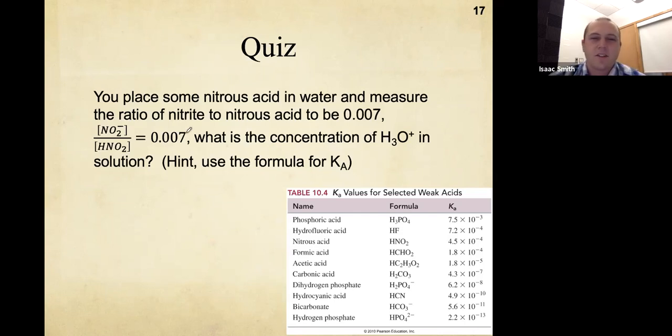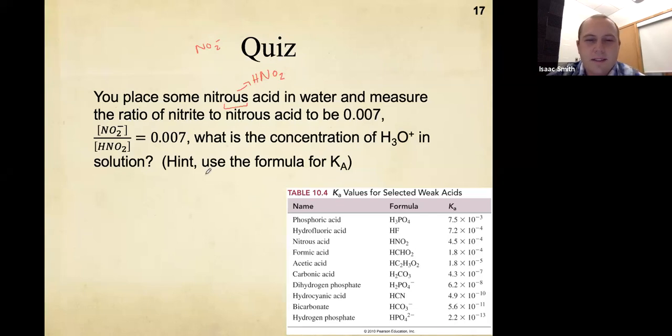Okay, so nitrous acid, if you are stuck here, you first need to know what nitrous acid is. Remember, the "ous" acid is when it's the "ite" form. So nitrite is NO2 minus, right? Oh, I guess it gives you it right here, so you don't really need to do this. But anyway, if you didn't know, that's how we got nitrous acid here. And you measure the ratio of nitrite to nitrous acid to be 0.007. Okay.